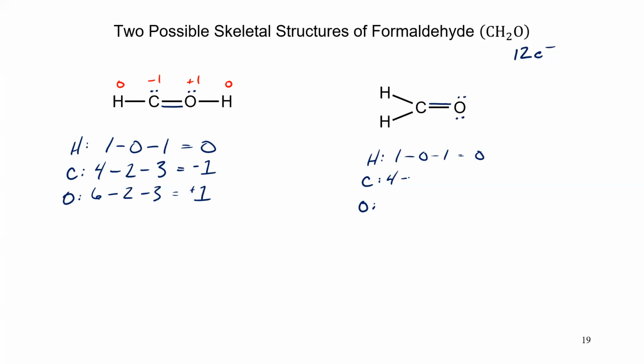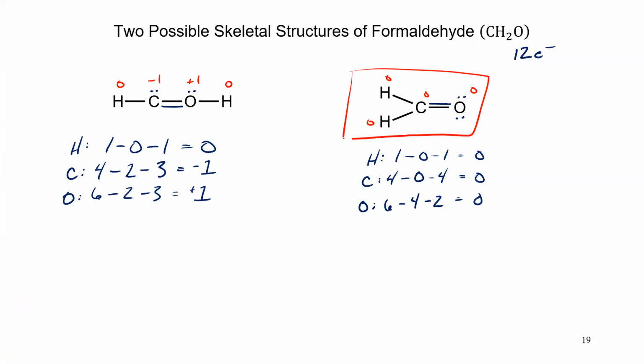Carbon starts with 4, doesn't have any non-bonding, and has made 4 bonds. That's a 0. Oxygen starts with 6, has 4 non-bonding and 2 bonds. That's also a 0. Because all of our formal charges on the right-hand side are 0, this is the better Lewis structure.